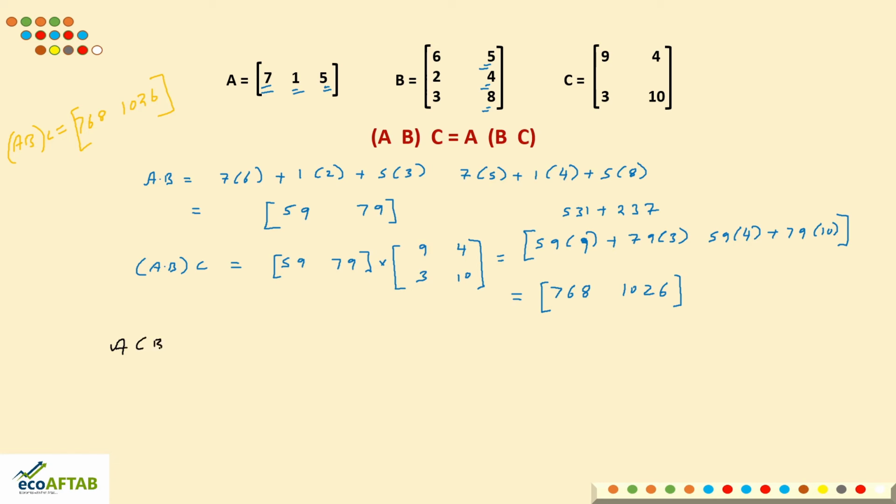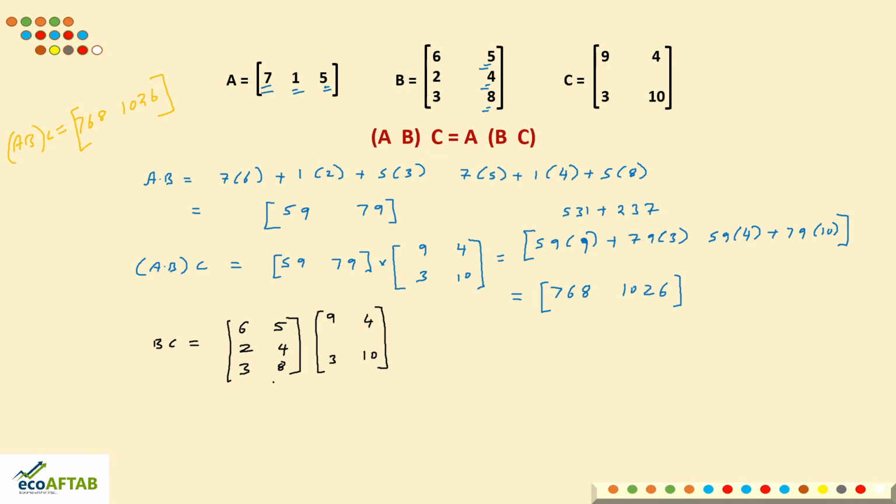Now we will see what about the other way, A into BC. So first we'll take up BC. BC is equal to 6, 5, 2, 4, 3, 8 matrix B multiplied by matrix C, that is 9, 4, 3, 10.